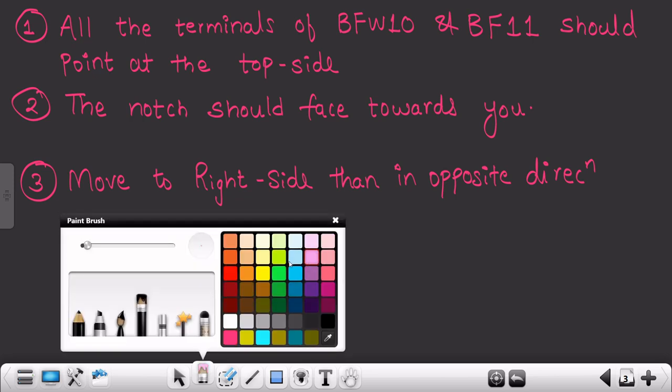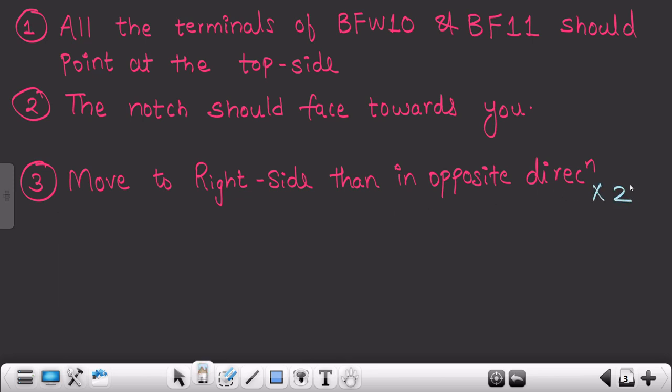So I'll write "x2" over here, which will indicate that you have to follow these steps two times.